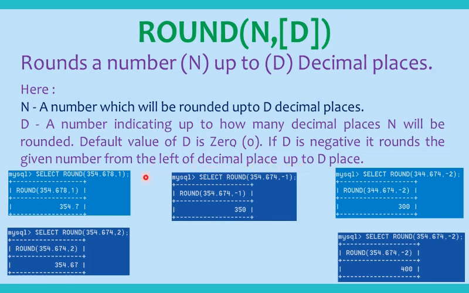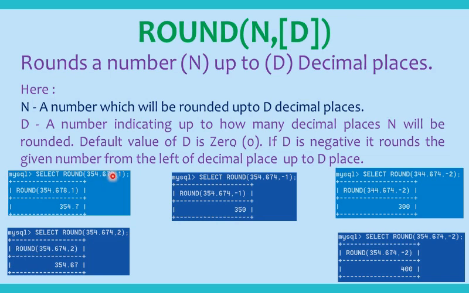Let's discuss with the example. Select round 354.678, 1. The meaning of this statement is, this is the number 354.678. It will be rounded up to 1 decimal place. Up to 1 decimal place means after dot we want only 1 digit. After dot only 1 digit is required.